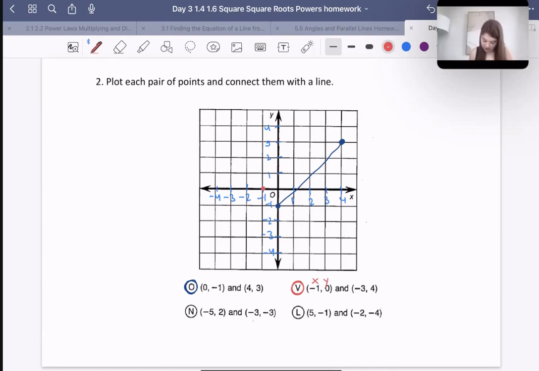And then we have -3, 4. So there we go. Right? So we went 3 to the left for x, and then y was 4, so we went up 4. And then we connect the dots. Okay.